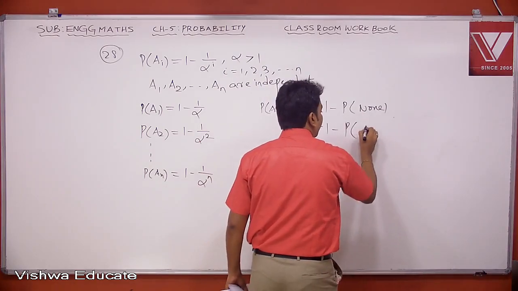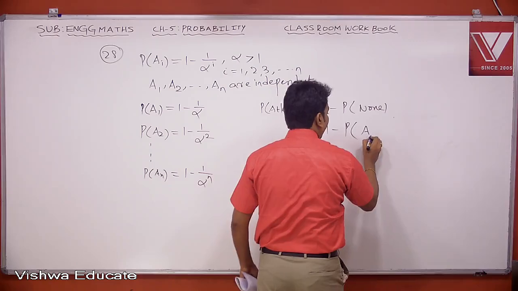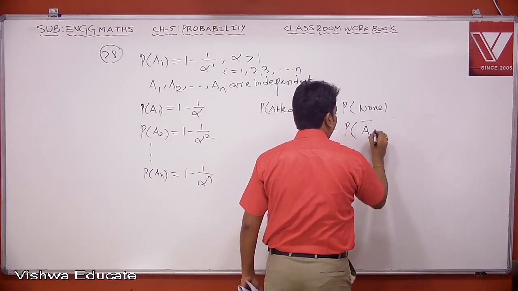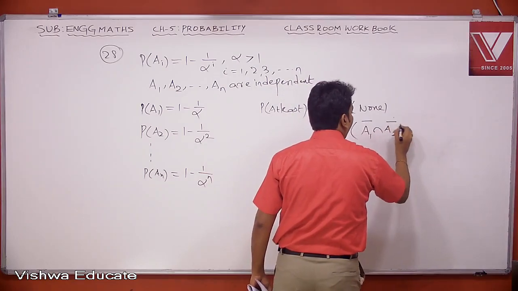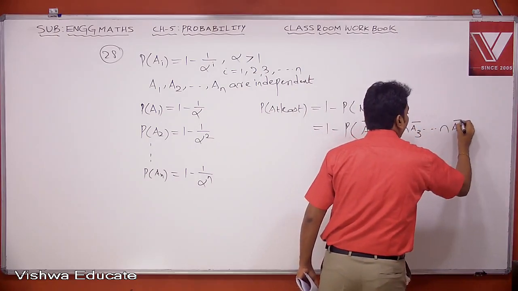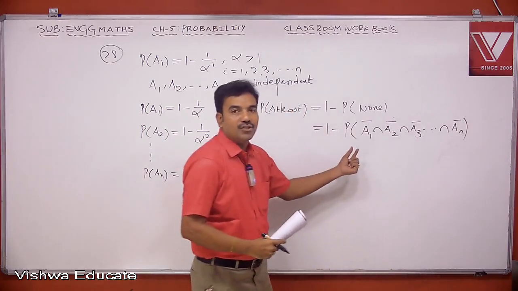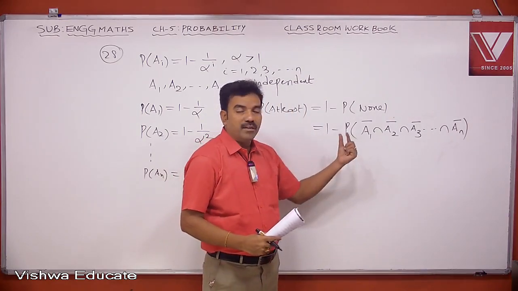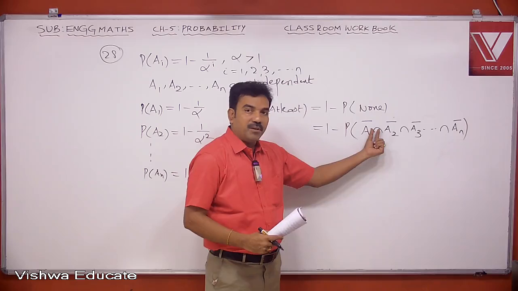None of the events means their complements, so we can write it as A1 bar intersection A2 bar intersection A3 bar and so on intersection An bar. Bar represents complements. No event should occur, therefore this must be intersection.